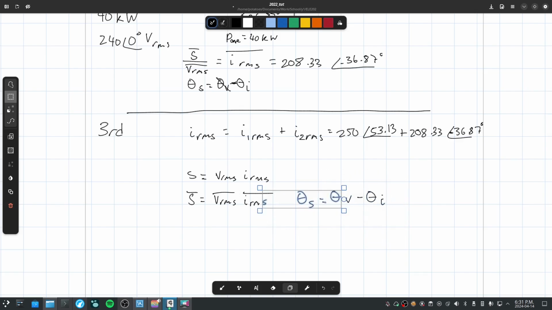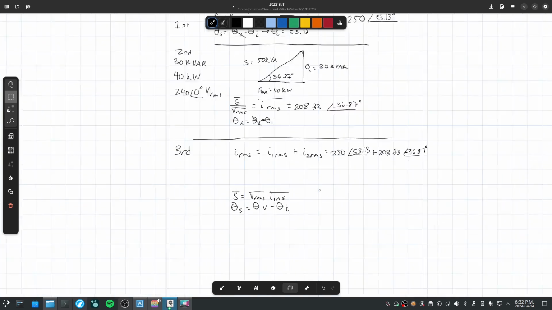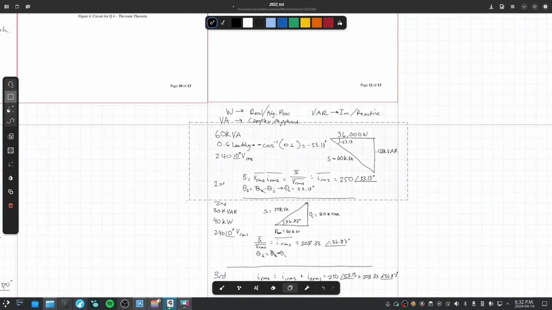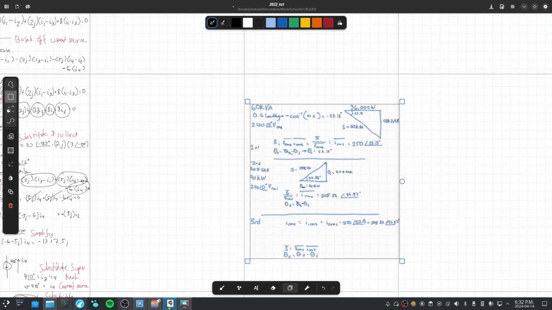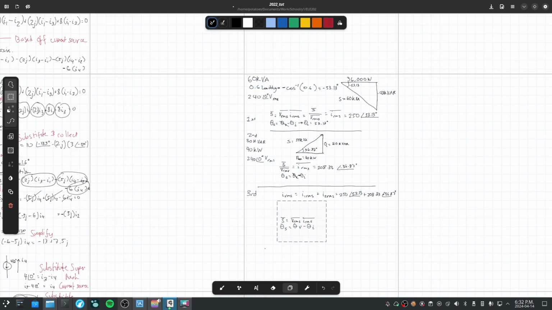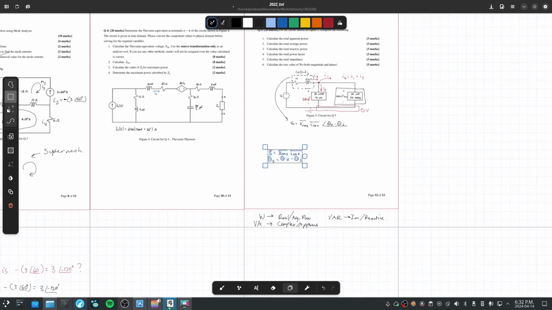So let's do a list of very important formulas at the top here, because I think that will help clear some confusion.